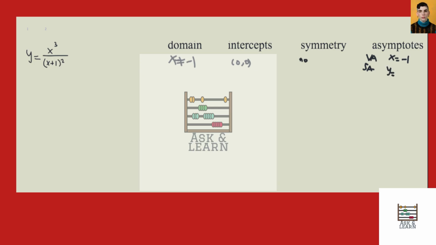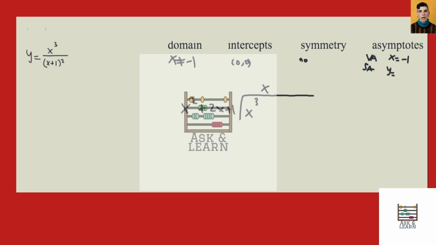For our slant asymptote, we can solve for it by doing polynomial division. Let's FOIL this out. So we have x squared plus 2x plus 1. Here we have x squared into x cubed.